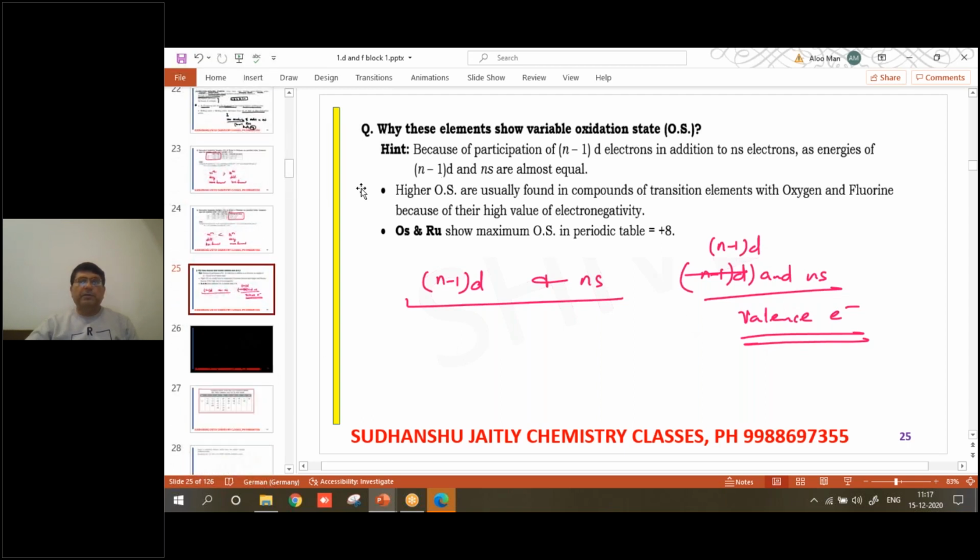And one more important thing: the higher oxidation states are usually found in compounds with oxygen and fluorine because of their high electronegativity. These are two wrestlers which can pull electrons out of any element, except helium, neon and argon.